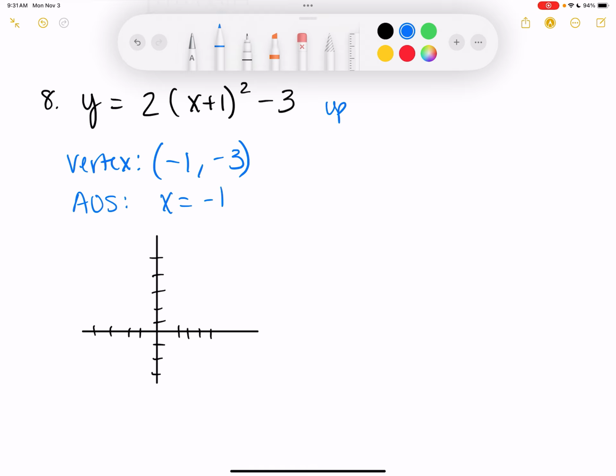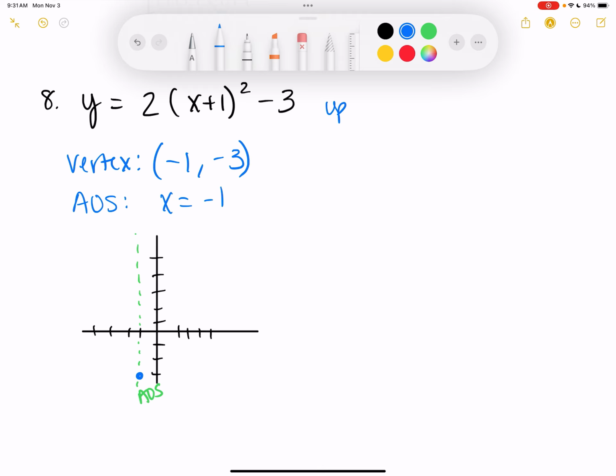All right, so I've got axis of symmetry at -1. Put that on the graph. Vertex at -1, -3. Now in this case, I can go back to using 0. Like I said, I would stick to something that's 1 away on either side.